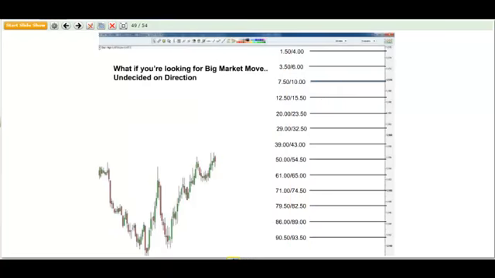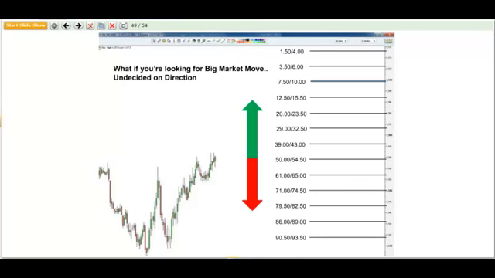Okay. Now, another thing you can do with binaries, especially when you get some big number days, Fed announcement, whatever, you don't know which way it's going. Big volatility, who knows? One strategy, obviously you can try the out of the money directional, but another way to do it is to put it on both ways.